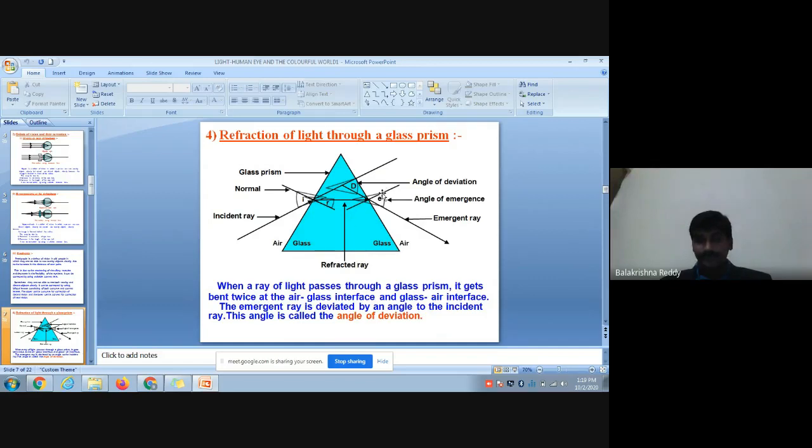See here, this is the normal. Means when a light ray passes from denser to rarer medium, it bends away from the normal, and when it passes from rarer to denser medium, it bends towards the normal.